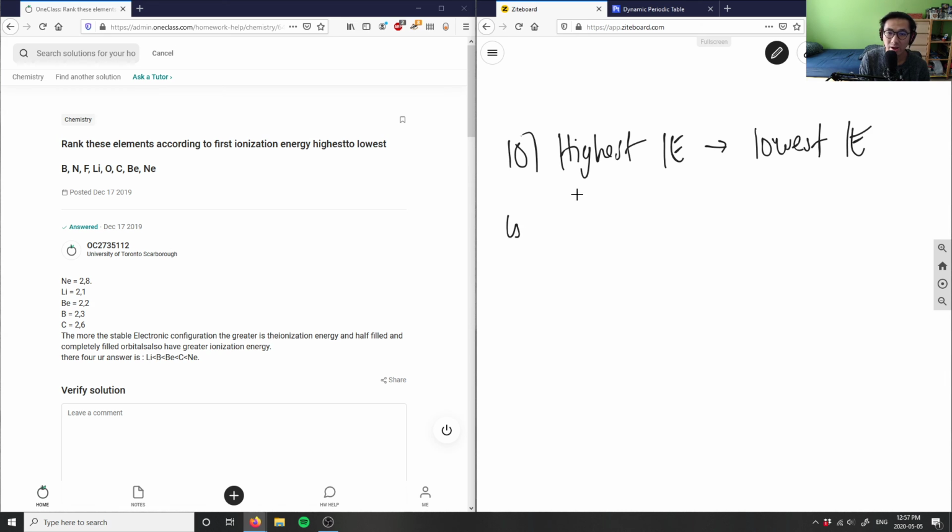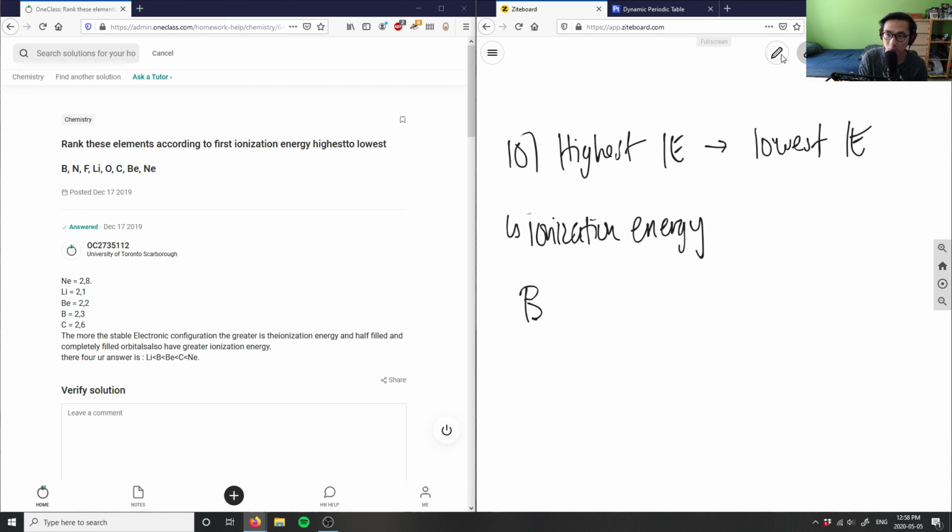So if you recall, the ionization energy is simply the energy needed if I were to take away an electron from the element. So for example, for boron here, if I take away one electron, I'm going to get B plus and 1 e minus, and I'm going to input some energy here. So it's kind of the opposite of electron affinity.